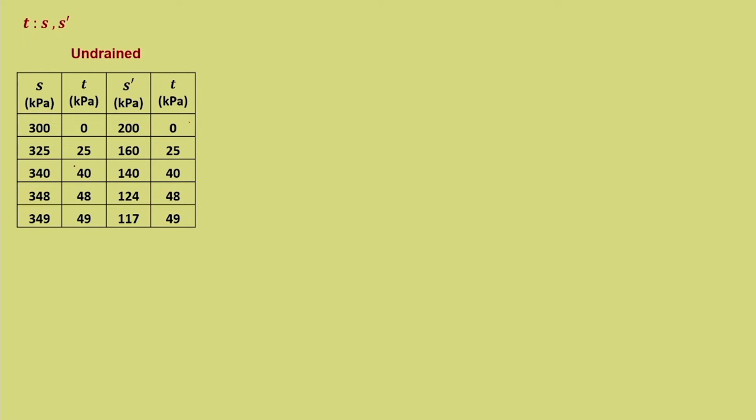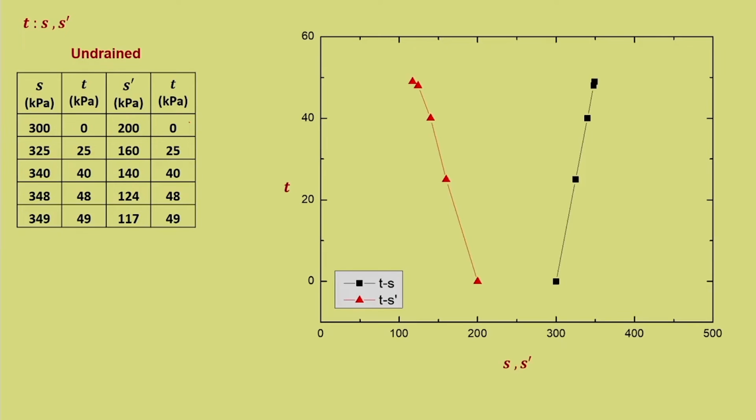So, this is the data for s-t and s dash-t. How will it look? Again, the pattern has changed. In the total stress path the pattern is more or less the same, whereas in the case of effective stress it moves leftwards. This is how it looks for the t-s-s dash plot.